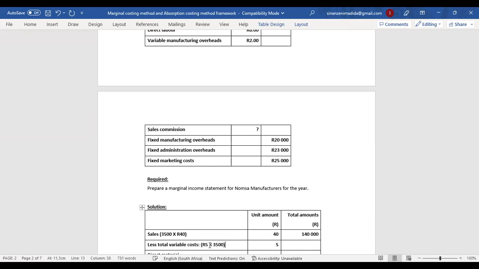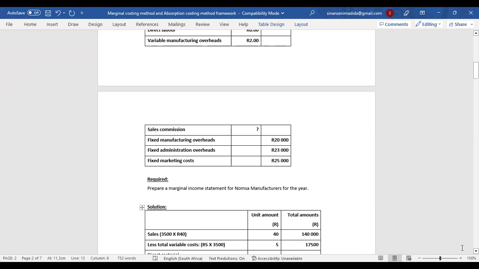Now let's confirm that we are getting 17,500. Thank you, it's correct. This is how we prepare our income statement. We said 17,500.